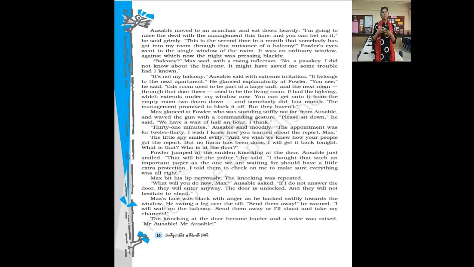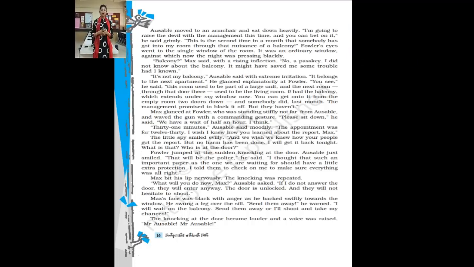It was the second time in a month that somebody had got into his room from that particular window, and there is a balcony exactly below that window, because of which any intruder or invader is entering his room on and off. So Max showed his arrogance and ignorance about the balcony and said very clearly that he entered through a passkey.